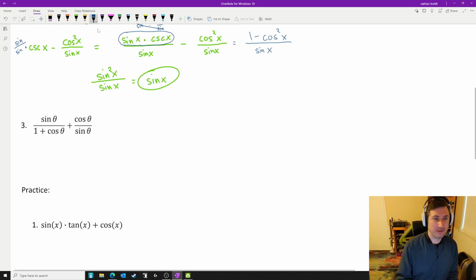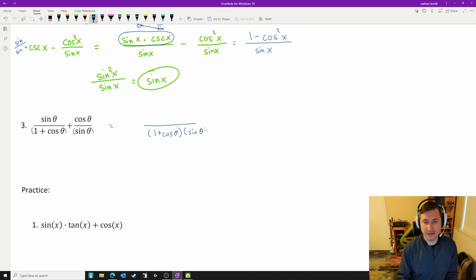Okay, so if I want the common denominator here, my common denominator will be just the combination of both of these denominators. It will be 1 plus cosine theta times sine of theta. So on the right side, what does this one need?